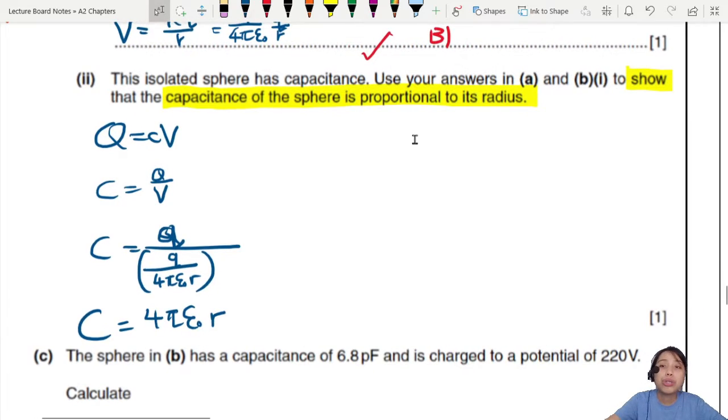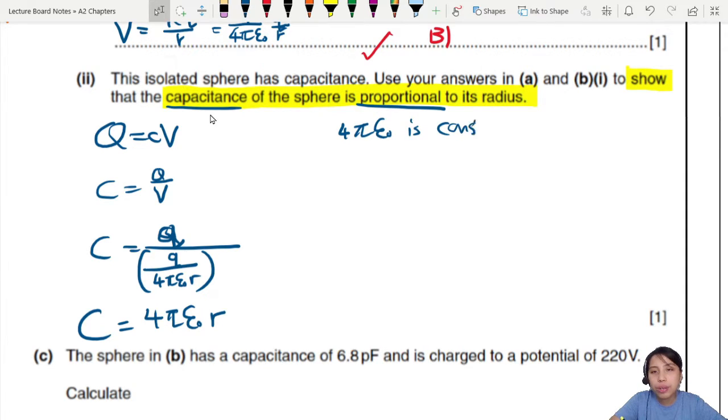You must show that the capacitance is proportional to radius. So state the obvious. Is 4 pi epsilon naught a constant? Yes? Then say it out: 4 pi epsilon naught is constant. Proportionality, so that leaves C proportional to R. Because if epsilon naught is not a constant, you cannot simply say C is proportional to R, because we don't know.